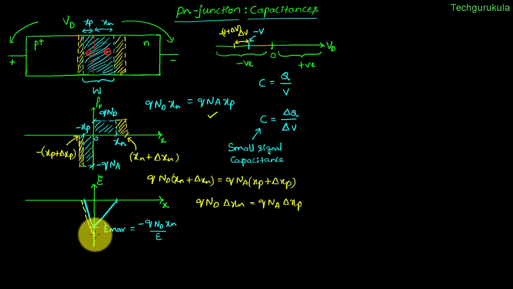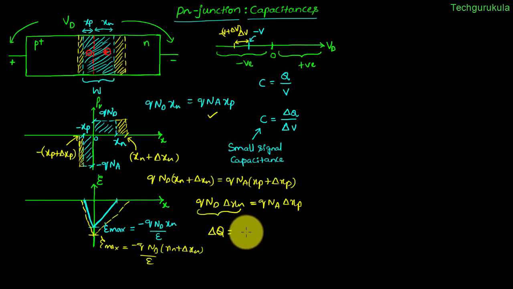The electric field in the junction would increase this way. So new Emax would be there, which would be equal to Q Nd times Xn plus del Xn over epsilon. Now our interest would be to find what is this del Q. So let me write what that del Q is. It is the charge that has changed because of the change in the potential that we applied across the PN junction.